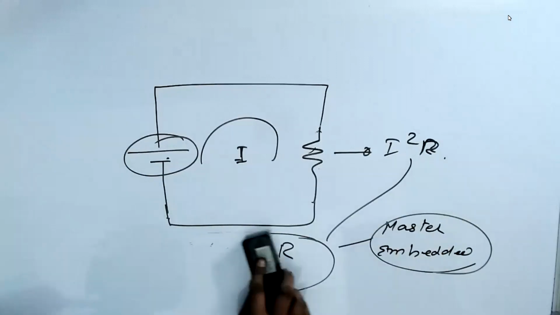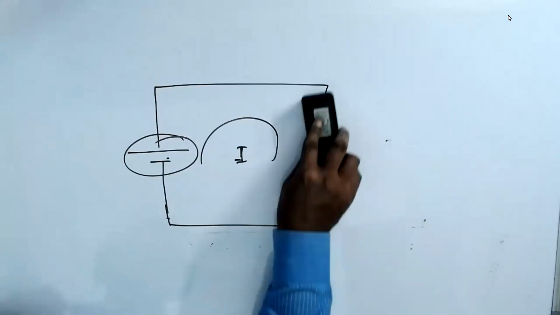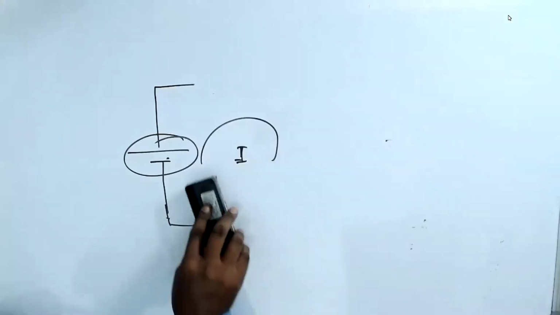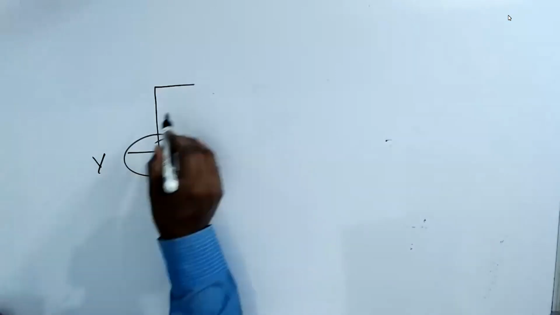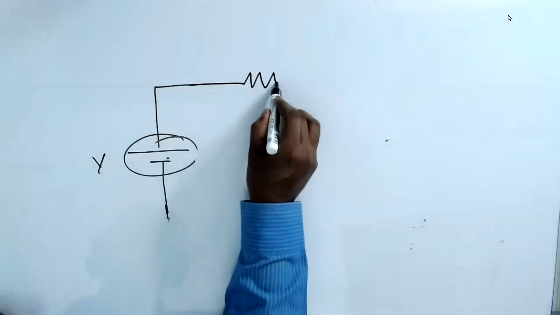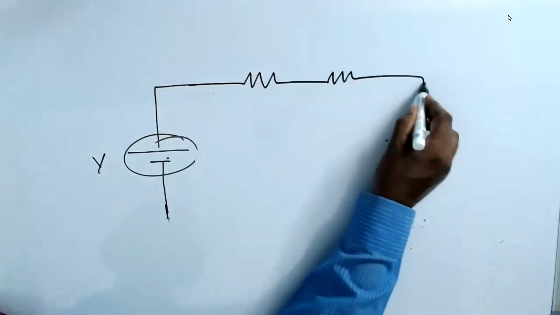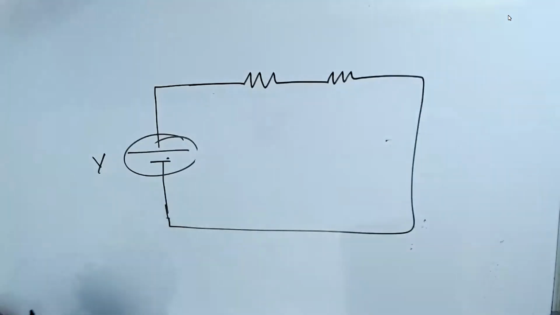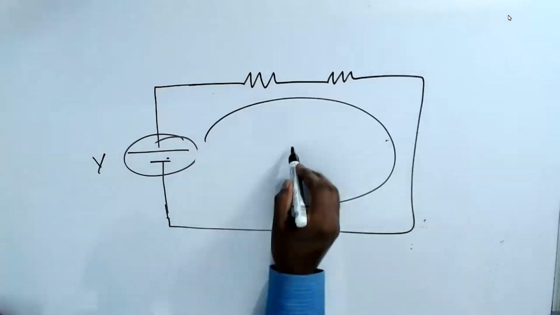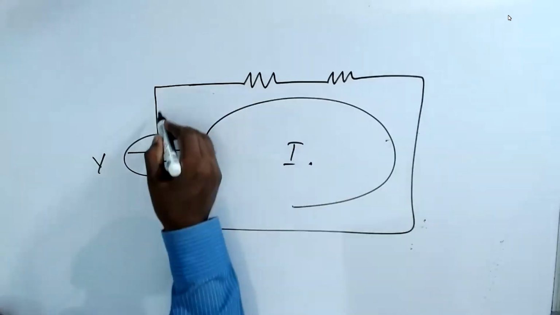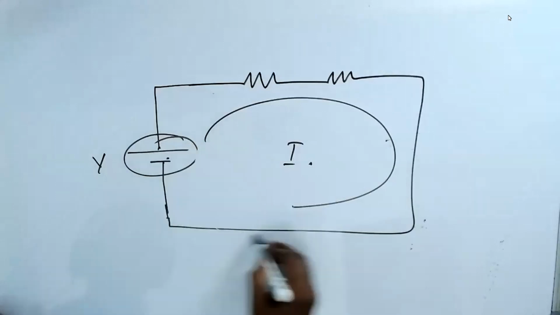Now we are going to do a small thing extra. I connect, this is voltage. Now I connect two resistors in series. When I connect two resistors, the current flowing through here is common, because the electron starts from here and moves up to here.